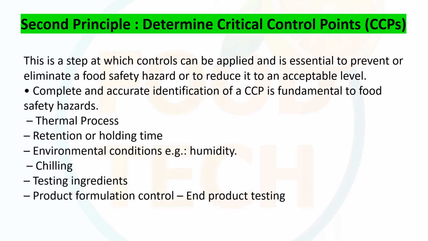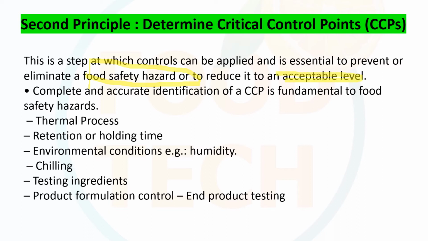This step involves what controls can be used in order to avoid the food safety hazards, which we already discussed in the previous principle, at an acceptable level. So this is the thing about critical control points.